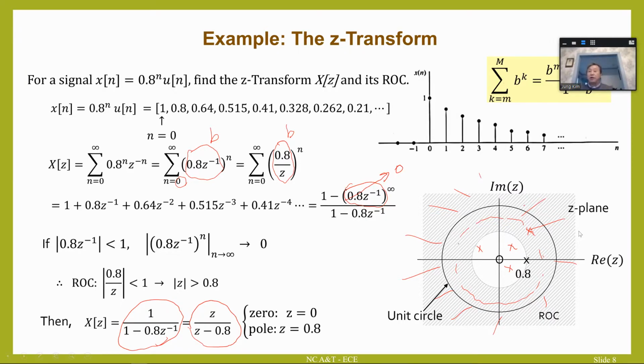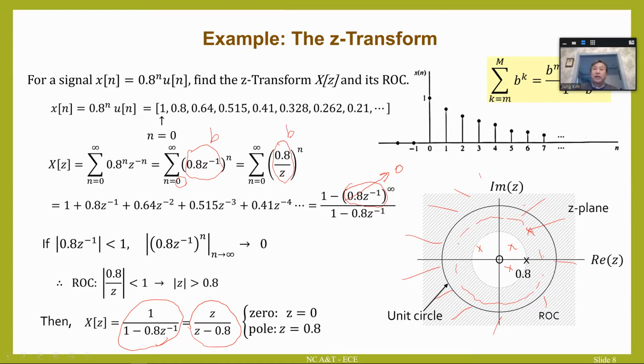That's the normal way for the right-sided sequence, because no pole should be included in the region of convergence. A pole means that the function goes to infinity, so a pole should not be inside the region of convergence. Okay, so this is a basic understanding of the G transform.